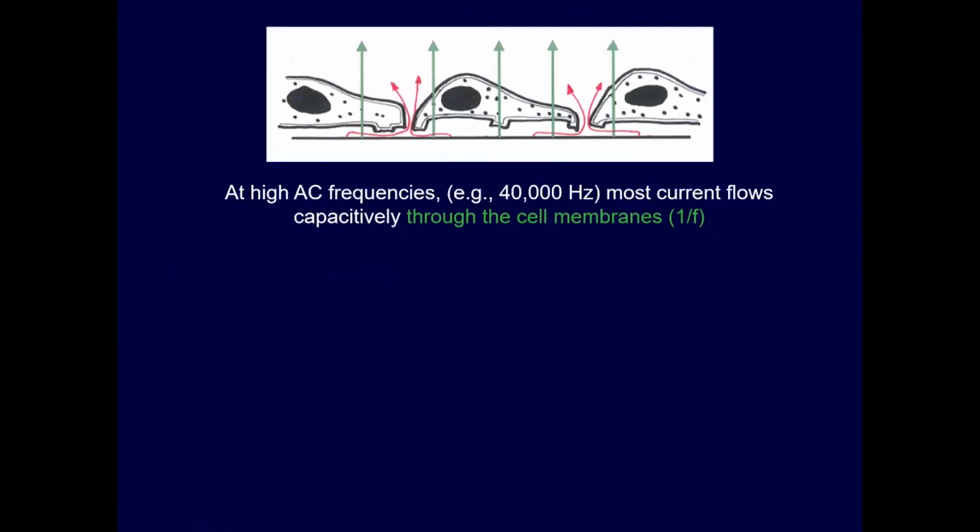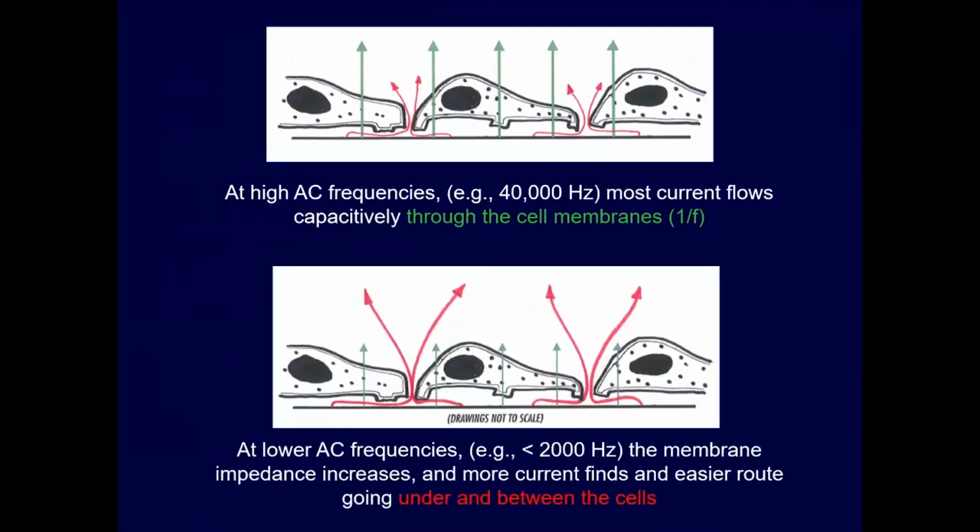On the other hand, if we turn the frequency down to say less than 2,000 hertz, now current cannot couple easily through the membranes capacitively. The green arrows are much smaller here, and instead the current chooses the path under and between the cells.